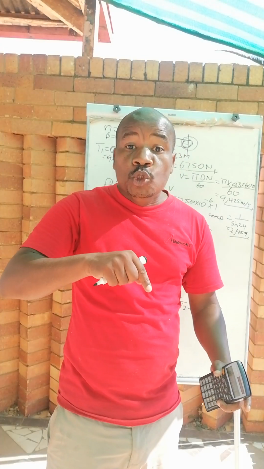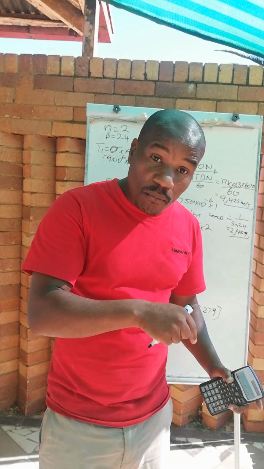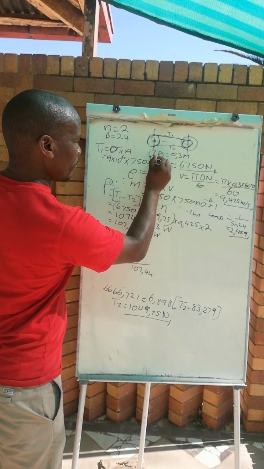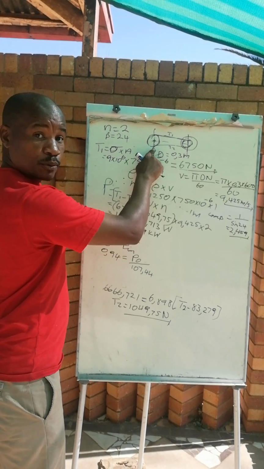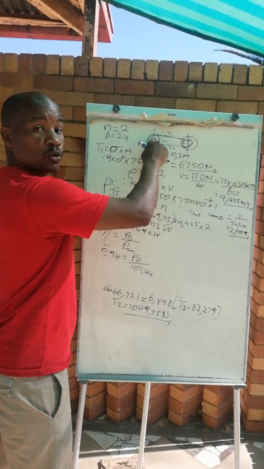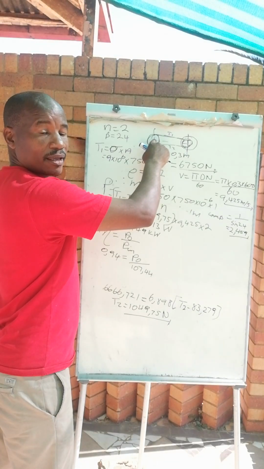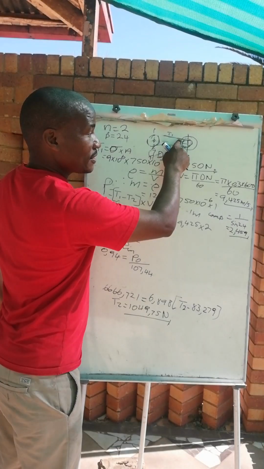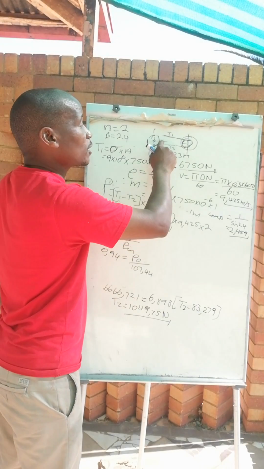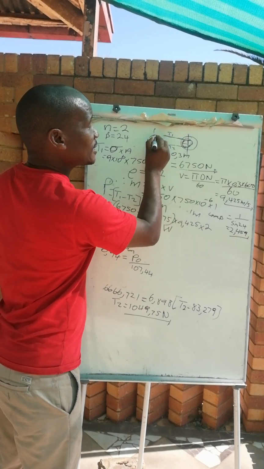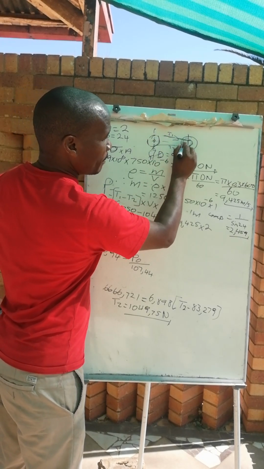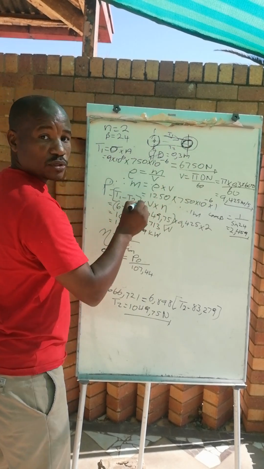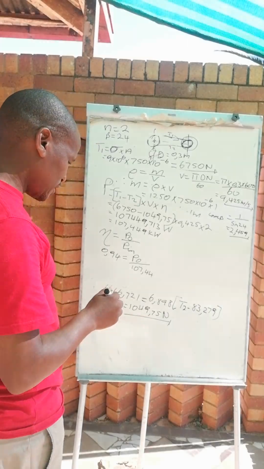Remember, the output of the motor is the input to the belt, and then that output is transmitted to the driven pulley. This output is going to be the input to that one. That's the only thing that statement says.